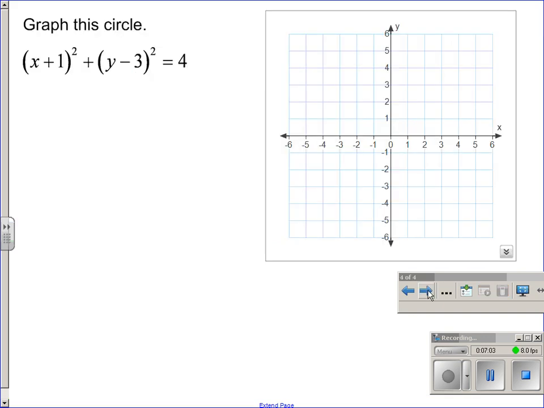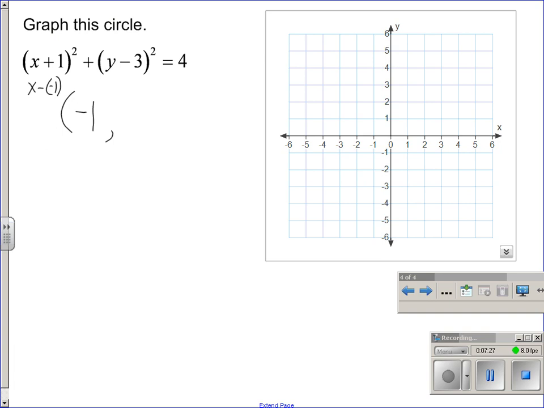And the last problem is just graphing. To graph a circle, you need to know two things. You need to know the center, and you need to know the radius. So, x plus 1, that means the center is really at a -1. Just like that first example we did, this is really x minus a -1. The generic form of the equation is x minus h.